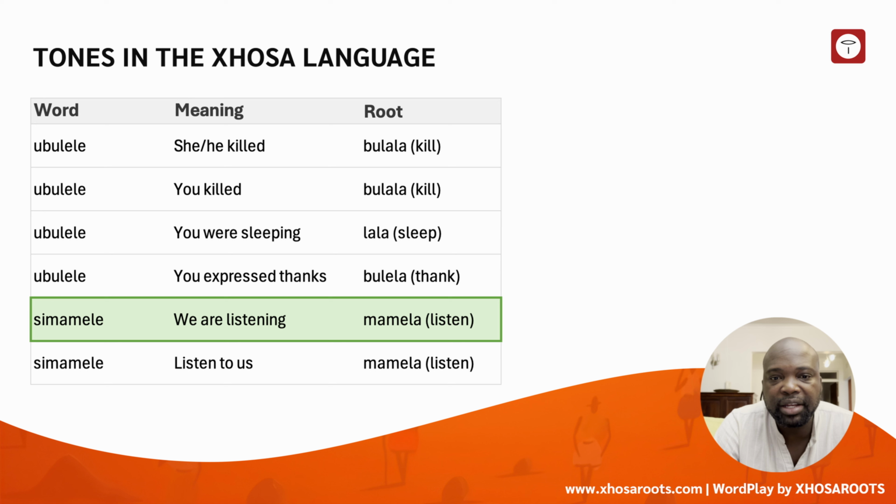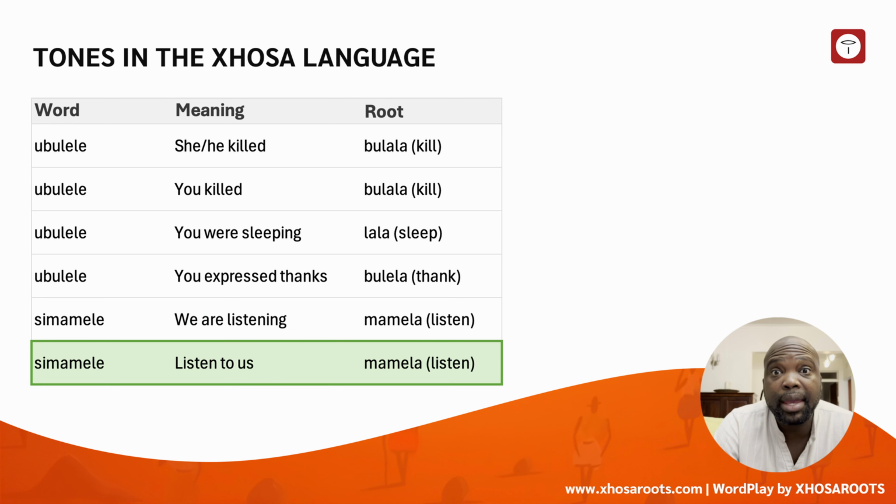Now the high pitched version, where the second last vowel is changed to a high pitch vowel, where we say simamele. In this case, this means listen to us. And so simamele, we are listening, simamele, listen to us.